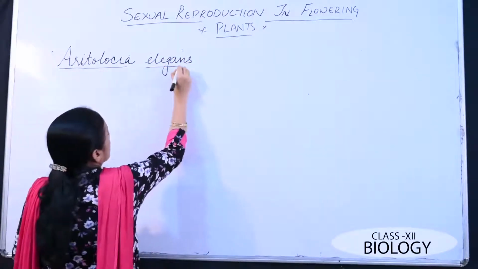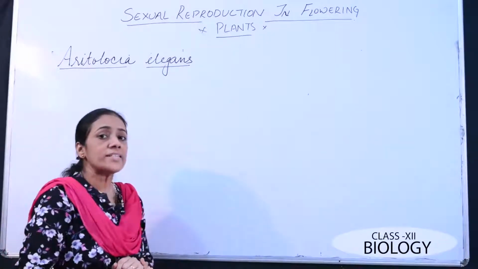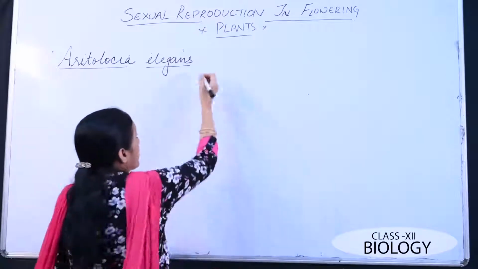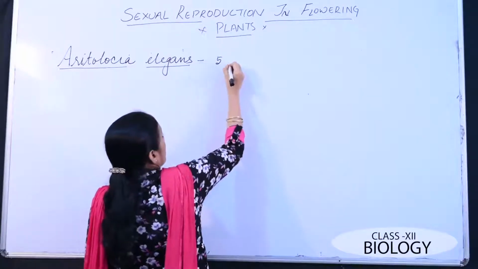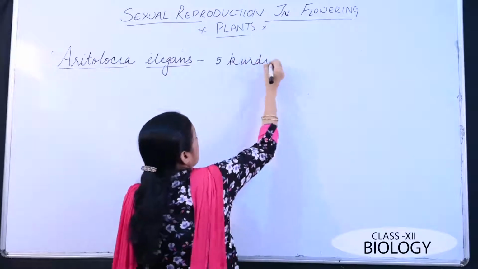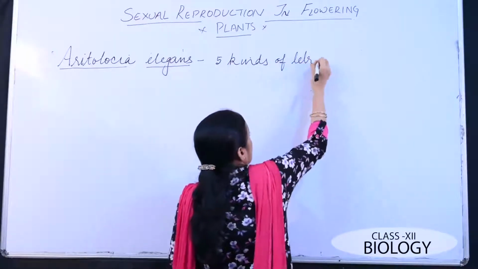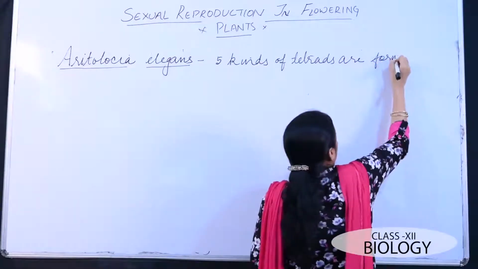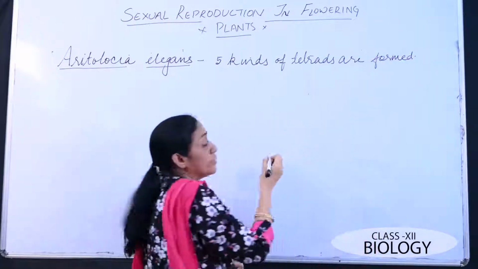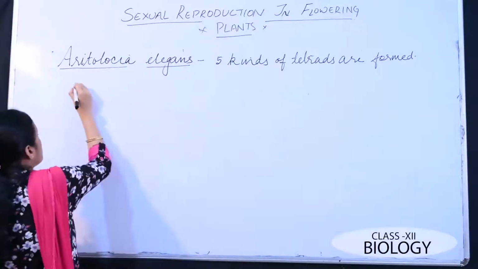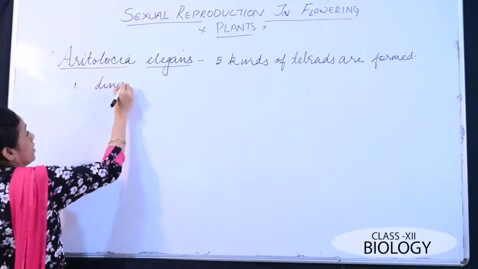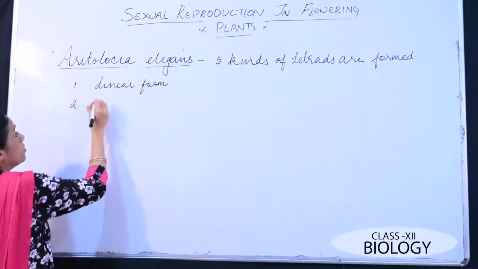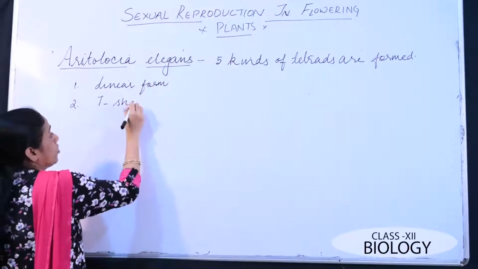In this plant, we generally see 5 kinds of tetrads. 5 kinds of tetrads are formed. What are those 5 kinds of tetrads? Let me list it out. First, a linear form. Second, a T-shaped form of a tetrad.